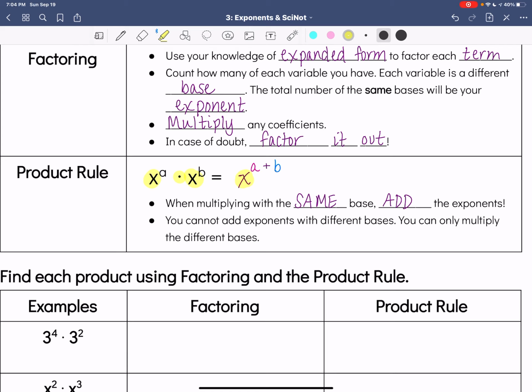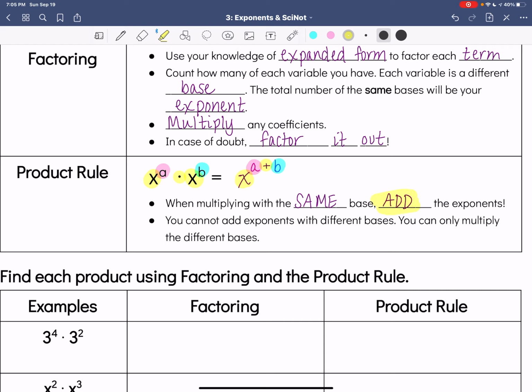And here's the cool part with the product rule: you take the exponent of one term, and you take the exponent of the other term, and you add the two together. So it's kind of a shortcut to factoring, but when you're multiplying the same base, you add the exponents.